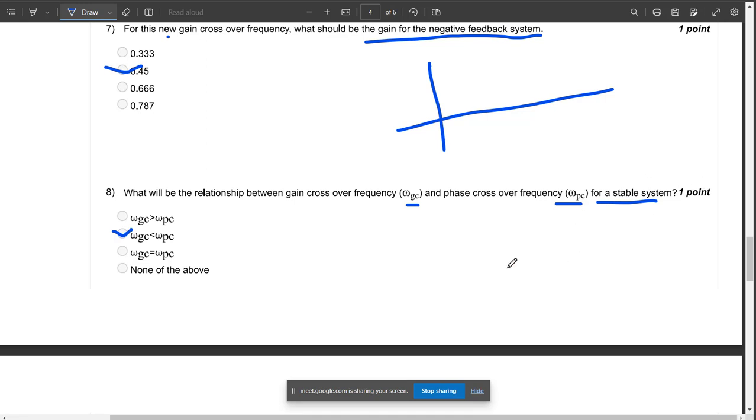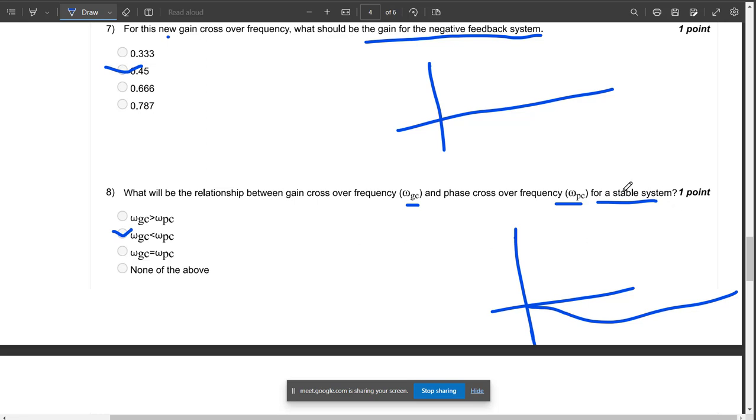If the system is stable, that means the phase of the system will go at maximum at infinity till minus 180 degrees. So the phase crossover frequency, omega pc, will be how much? Infinity or less than infinity.